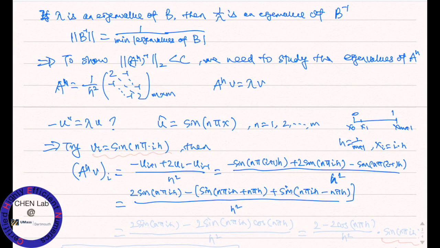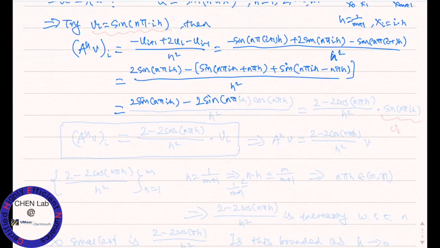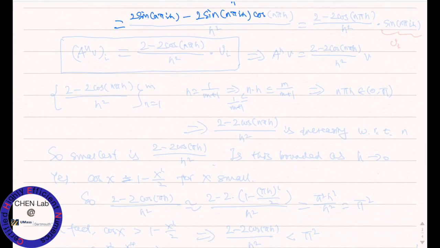Sine cosine, we know that's just equal to sine plus sine, that's just equal to 2 sine m pi h cosine m pi h. Sine a plus b plus sine a minus b is 2 sine a cosine b, divided by h squared.